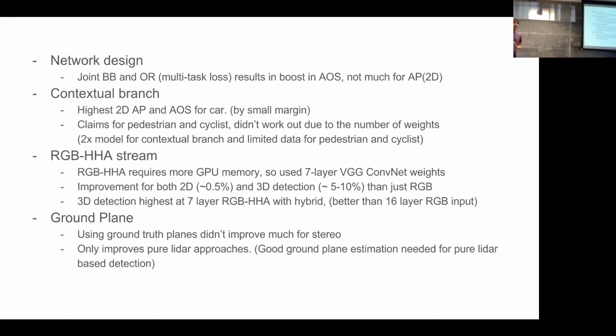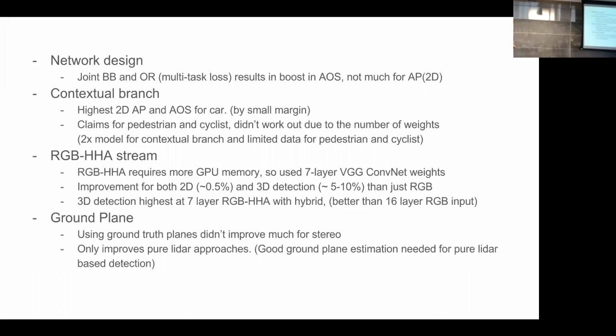But in terms of 3D detection, it claims 5 to 10%, which is a significant boost in performance. So we keep getting the clue that spatial context is very important for 3D object detection, which, if you think about it, is common sense. You're just seeing the data back this up.